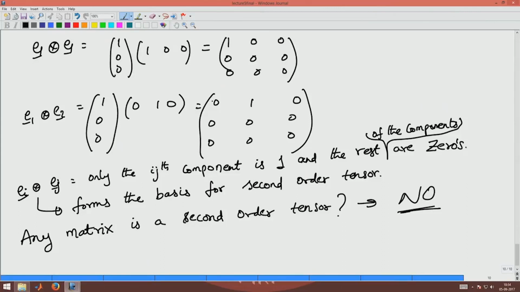Another representation is, I can write the components of A as a 9 by 1 vector also, A11, A22, A33, A12, like this. These are mere representations of a second order tensor for convenience of calculations.